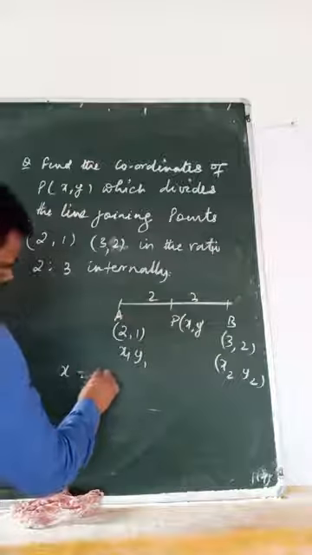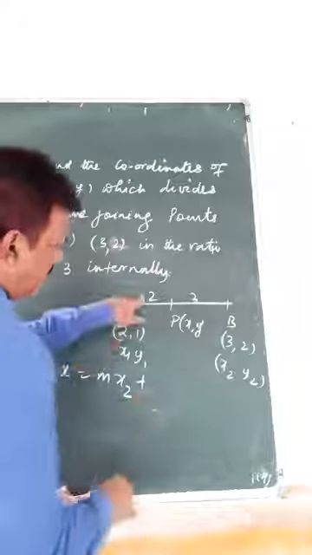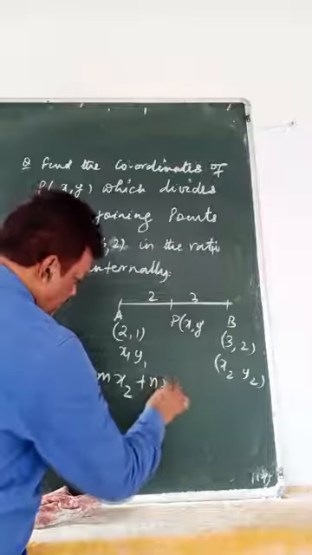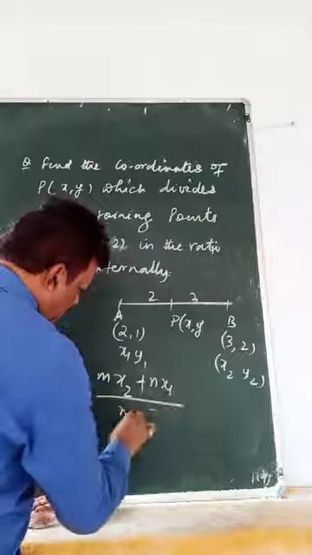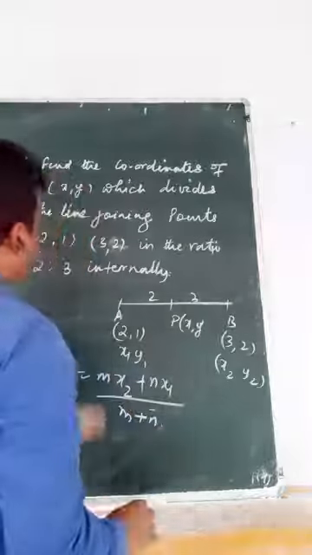X is (mx2 plus nx1) by (m plus n). Means what shall I write?